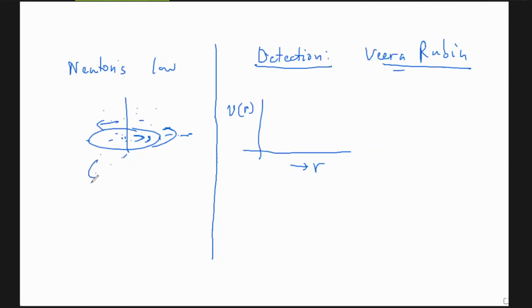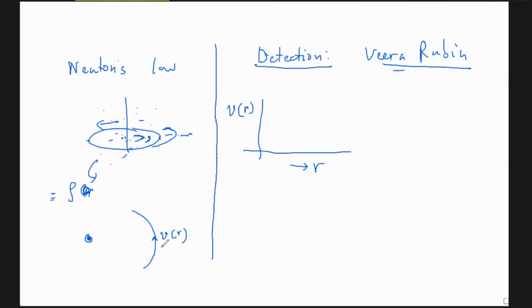Suppose for simplicity, assume that the galaxy has a uniform density. Rho is the uniform density. It is not, but take rho uniform, so rho is a constant, of matter. Now, if you calculate the velocity, this is the center of the galaxy, and this is the rotation of the stars or hydrogen cloud.